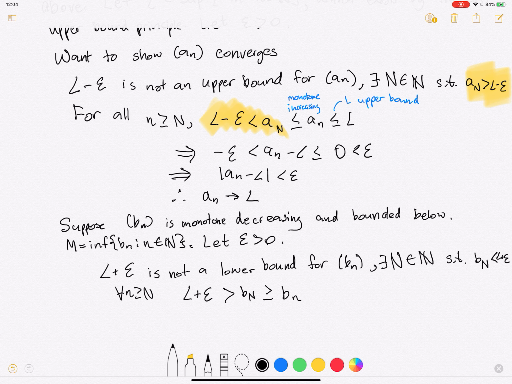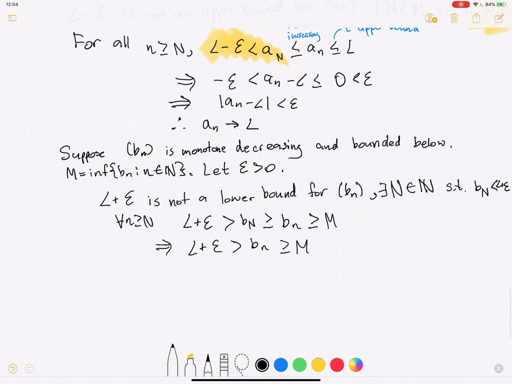And that is greater than or equal to m, because m is a lower bound. So if we rewrite that and ignore the big N term, we have this.